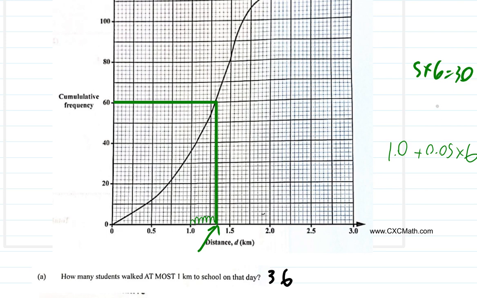This is 0.05, which is the same as 5 divided by 100. So 30 divided by 100 is 0.3. Right? So this is 1.0 plus 0.3, which is 1.3.